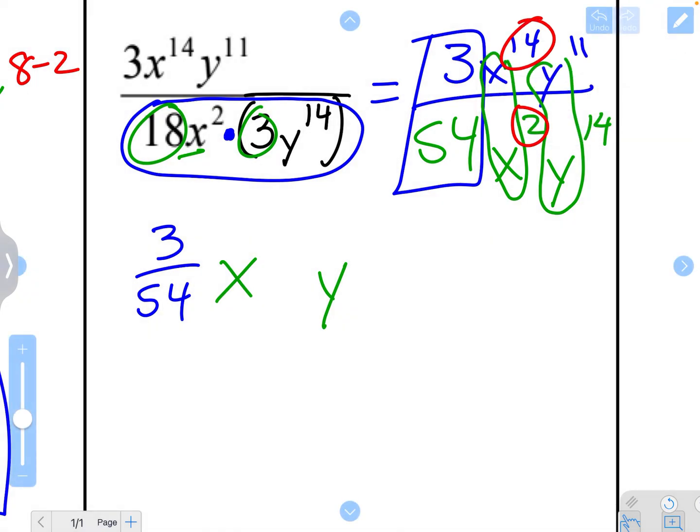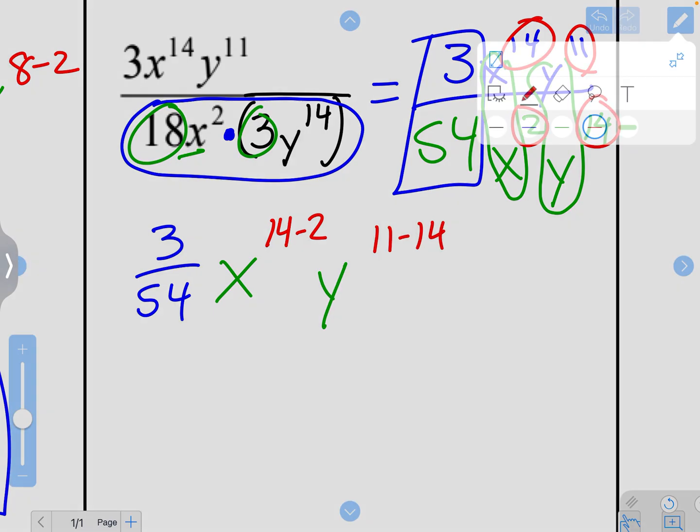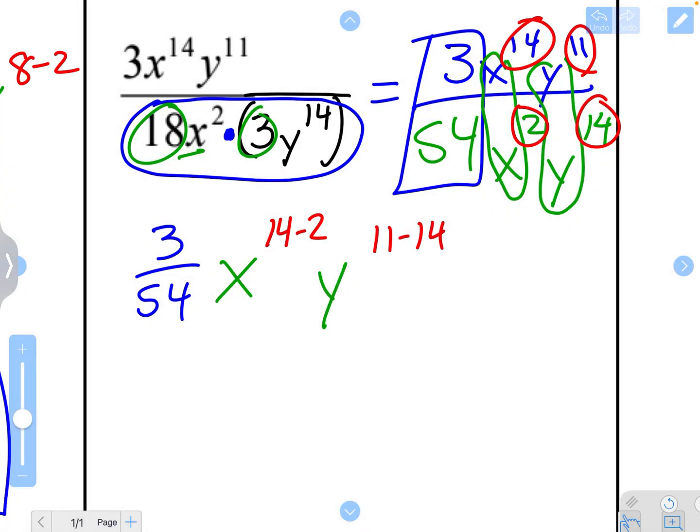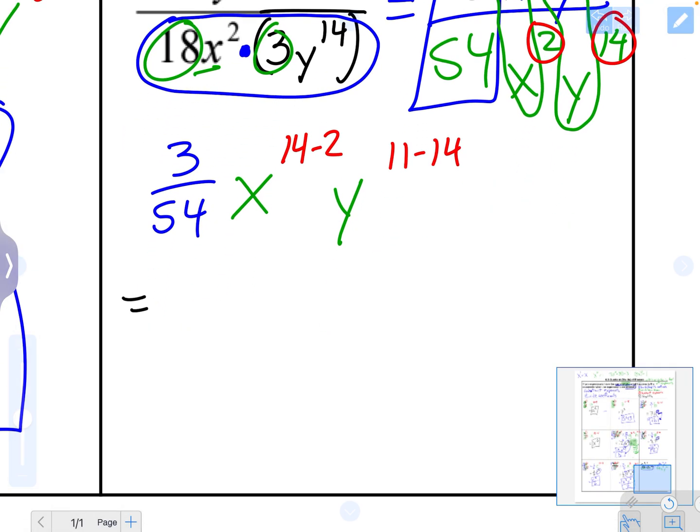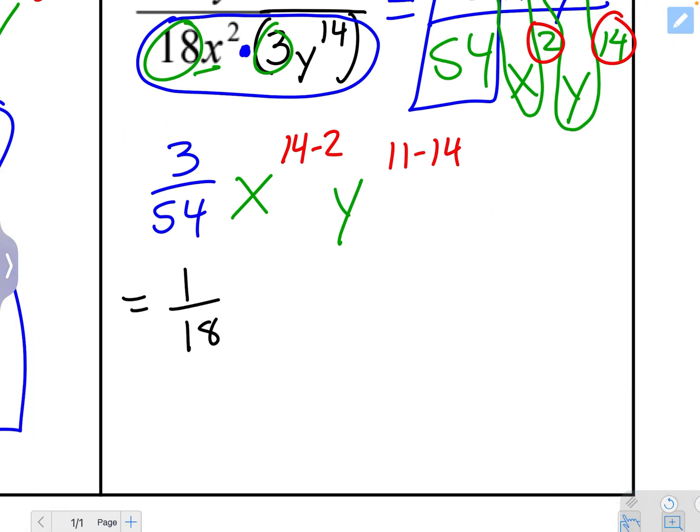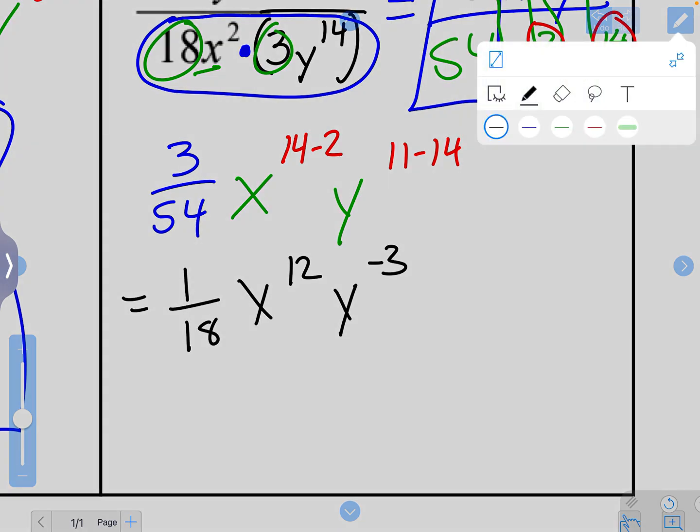So now I need to subtract. So 14 minus 2 for x. And then my y is 11 minus 14. Our next step is we need to simplify. So 3 over 54 becomes 1/18. I get x to the 12th, and I get y to the negative 3rd.